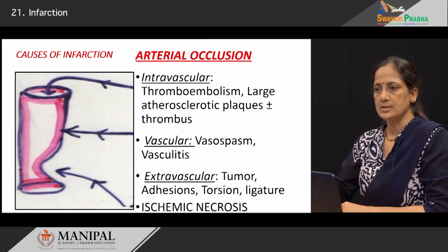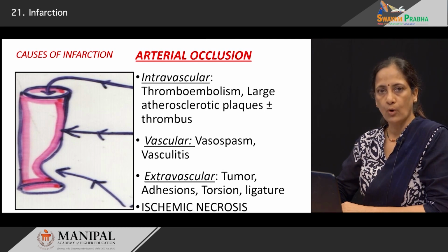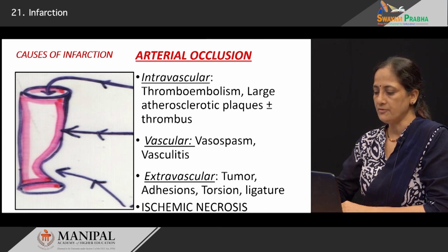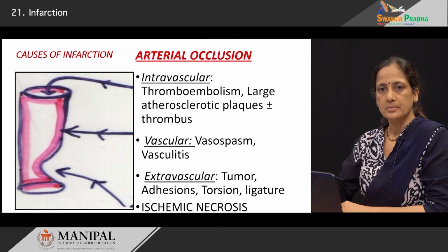The mural causes are those which involve the wall of the blood vessel, thereby vasospasm and vasculitis or inflammation of the blood vessels. Extravascular causes are those that cause compression of the blood vessels, for example, tumors, inflammatory adhesions, torsion or twisting of an organ on its pedicle, and tight ligatures.